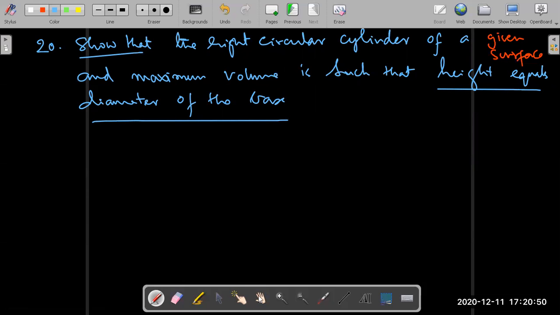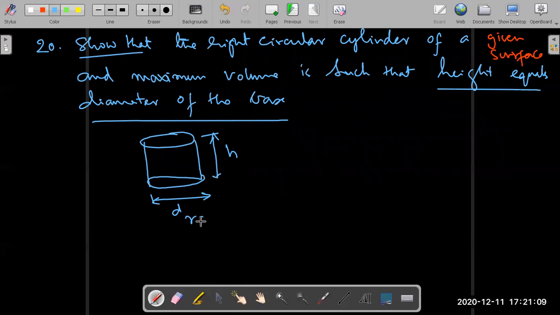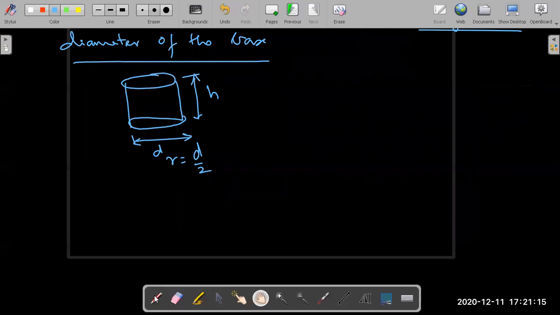So let's draw a right circular cylinder. This is the right circular cylinder, this is the diameter of the base, and this is the height of the cylinder. If this is the diameter, the radius will be d by 2. You said given surface. Now we need to first work out the surface area of the cylinder.